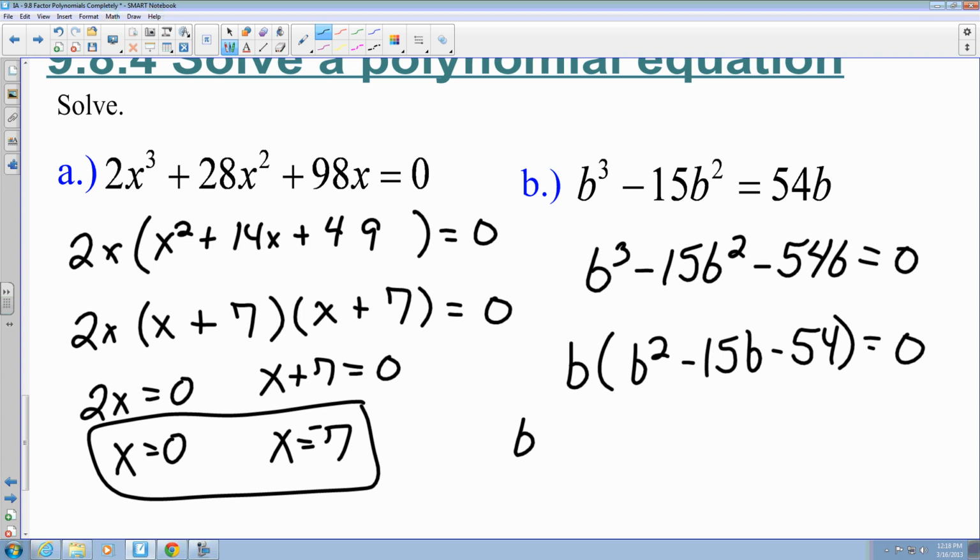So now I have b. I can use reverse FOIL here. Excuse me. I know I'm going to have a b and a b. Since 54 is negative, one's going to be a plus, one's going to be a minus. And their differences need to be 15, but the products need to be 54. So it's going to be a negative 18 and a plus 3.